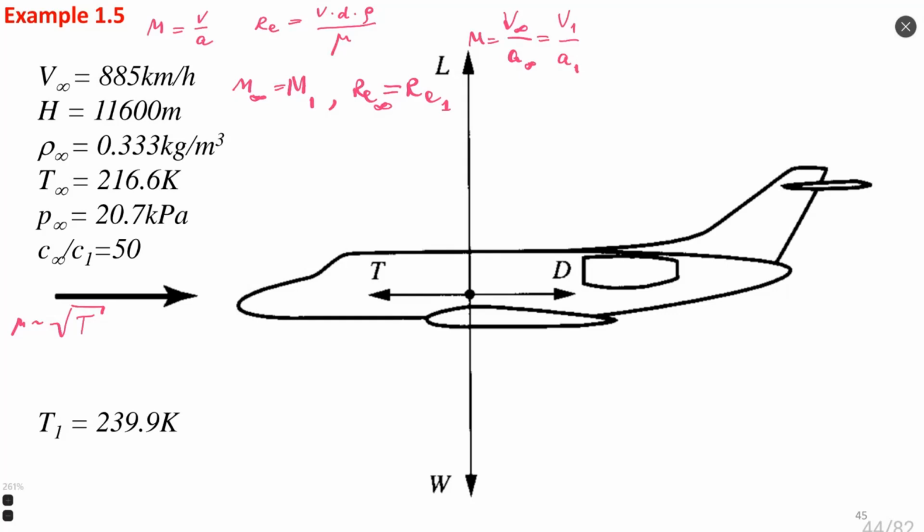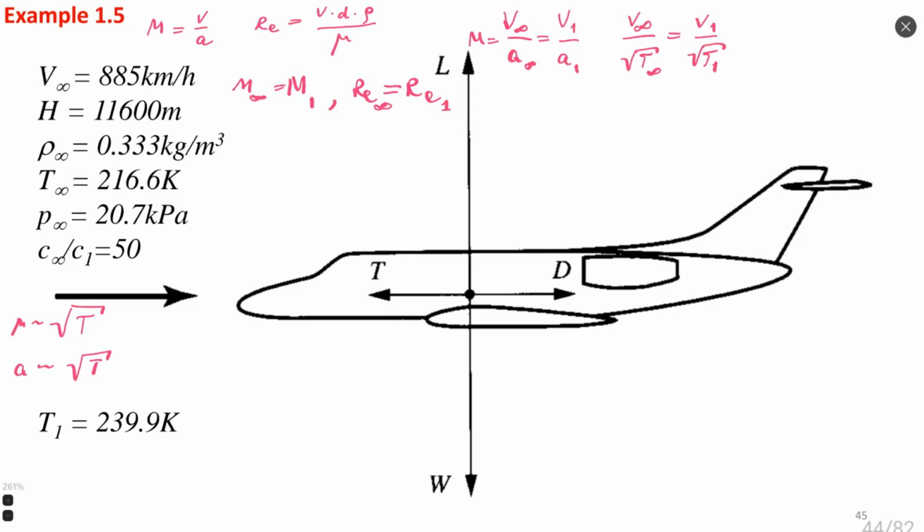We know that speed of sound is also proportional to square root of temperature. From our previous discussion is known, and in gas dynamics is elaborated such equation to prove it. So I will write that velocity infinite divided by square root of temperature infinite is V1 divided by square root of temperature 1. Temperature infinite and temperature 1 we know.